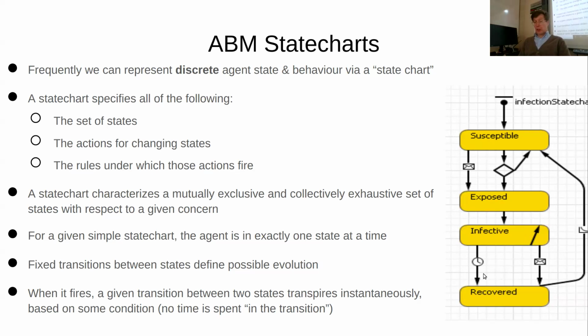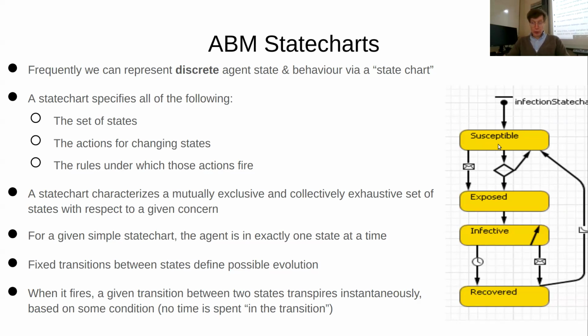This is the full set of states that you can be in with respect to the infection concern. And they're mutually exclusive. If you're in one, you're not in another. Now, there's an asterisk here. And we'll introduce compound states, which give a hierarchical characterization, in just a few minutes.